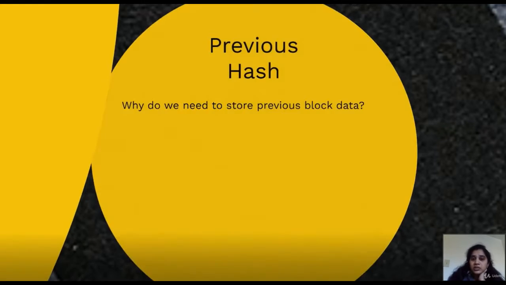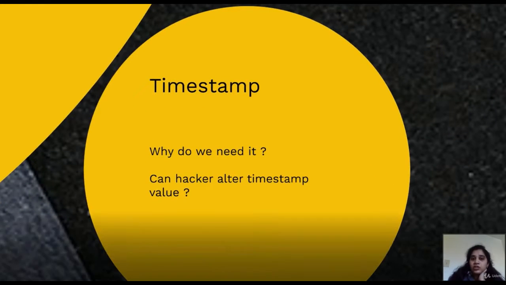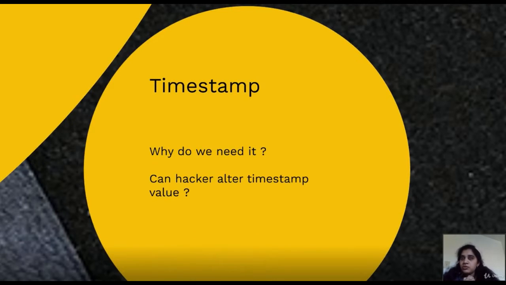So the next one we have in the blockchain is the timestamp. The timestamp is mostly used to describe when a particular transaction has happened on your blockchain. This timestamp is also very, very important.